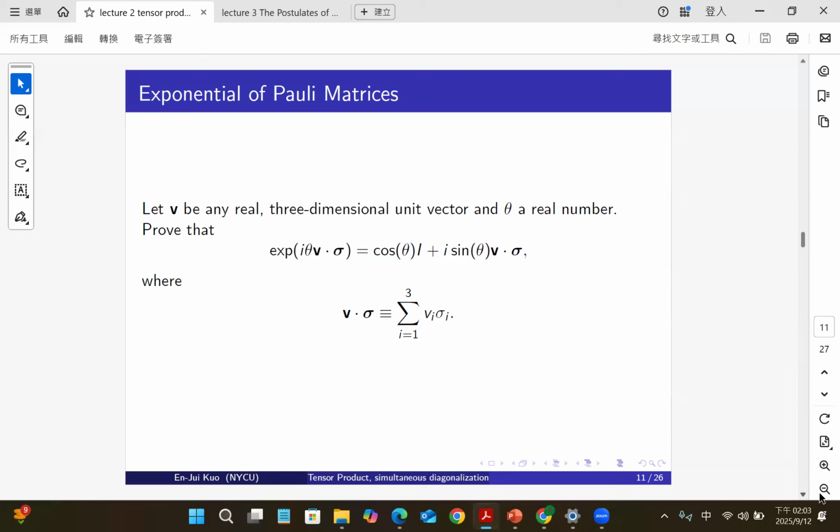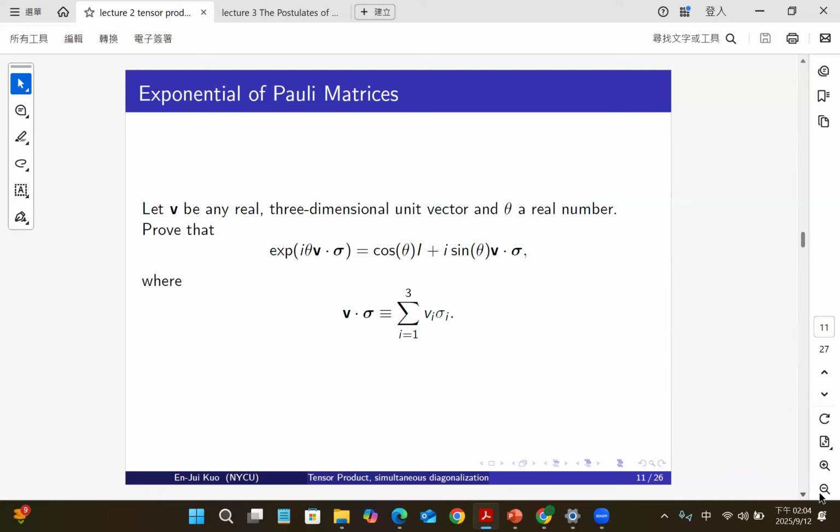So you can see that the first element is v3 times v3, so it's v3 squared plus (v1 minus i v2) times (v1 plus i v2). So it's v3 squared plus v1 squared plus v2 squared, because (v1 minus i v2) times (v1 plus i v2) is v1 squared plus v2 squared. Okay, and the v are real.